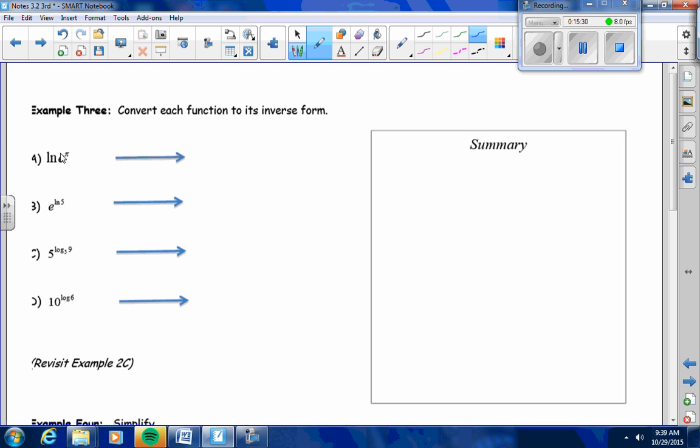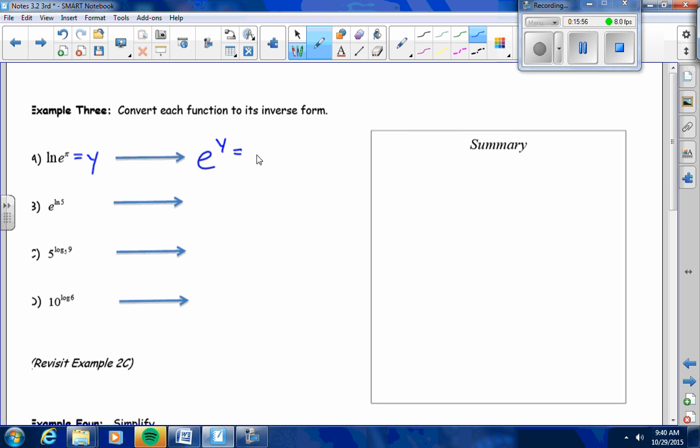So the first one, natural log of e to the x. This is log form, and on log form it equals y. So its inverse form is exponential. So the exponential form, we have to start with the base. What is the base? So e to the what equals what?